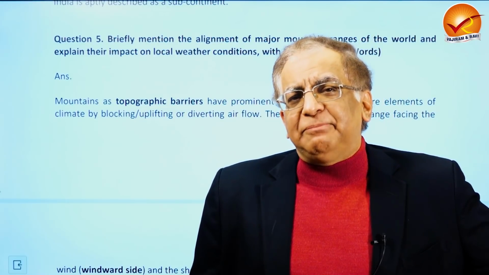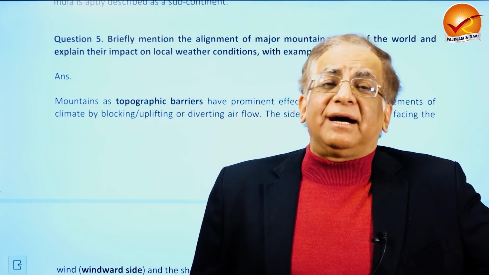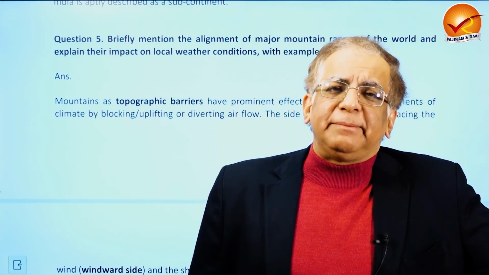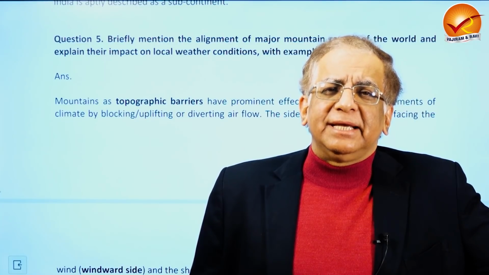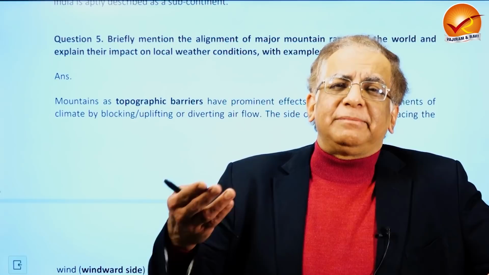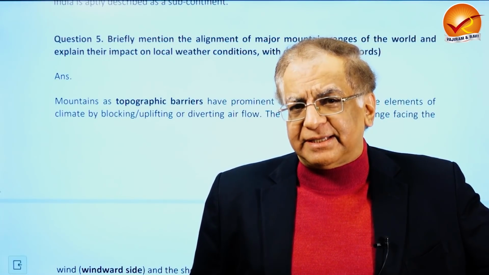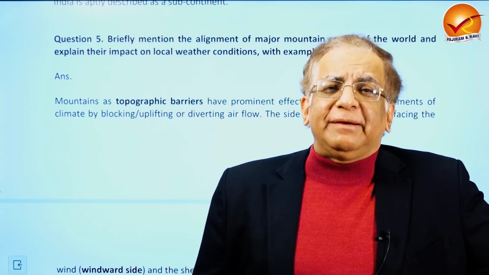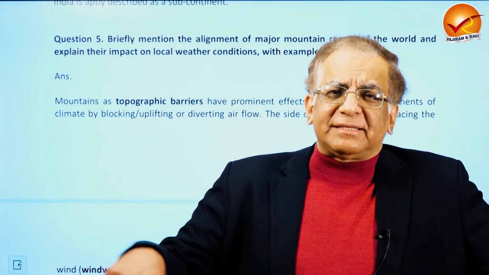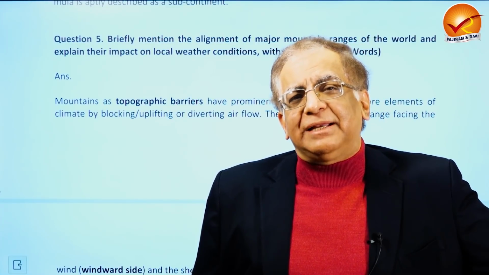So there are some slopes of the mountains which are sun-facing slopes and the others are not. And you will find that the microclimatic conditions, even at the same height in a mountainous region, may not be the same on the sun-facing side and the side which is not facing the sun. For example, when you look at the Himalayas, the alignment is east-west, or technically speaking, the strike of the Himalayas is east-west.